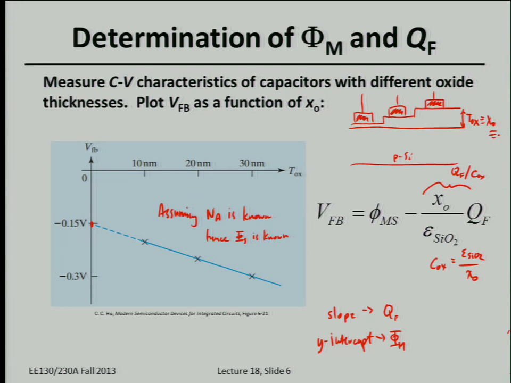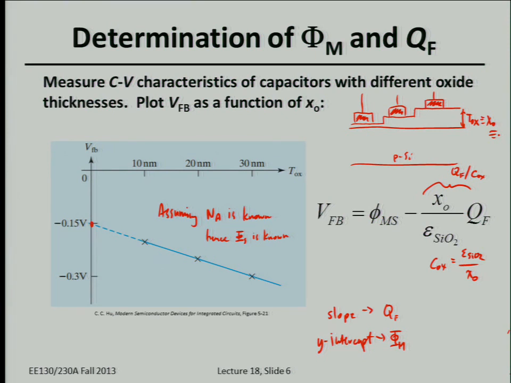Because once a material is in contact with a dielectric, it can have some charge transfer, and the effective work function might be different. So this kind of measurement was very common to look at all different kinds of metallic gate materials and all different kinds of high permittivity gate dielectrics to try to characterize, okay, what is the work function of this metal if we use it with this gate dielectric?